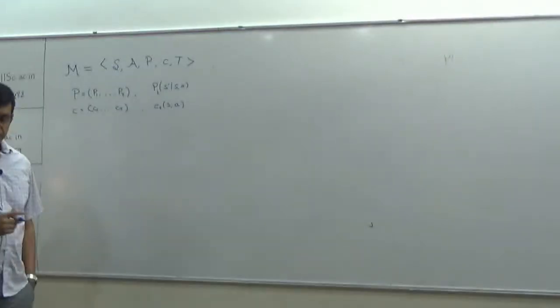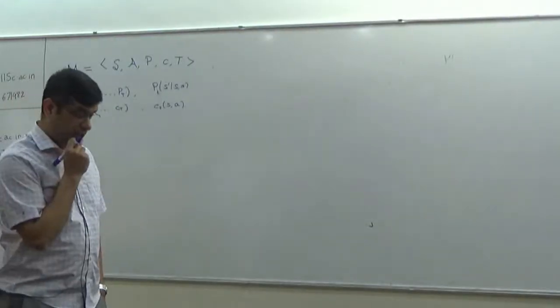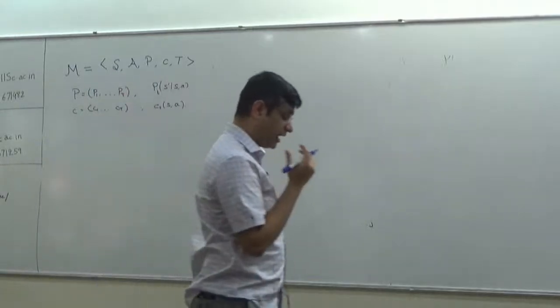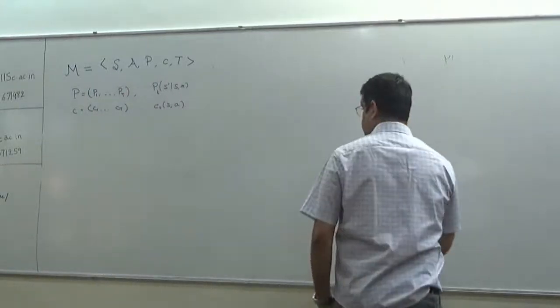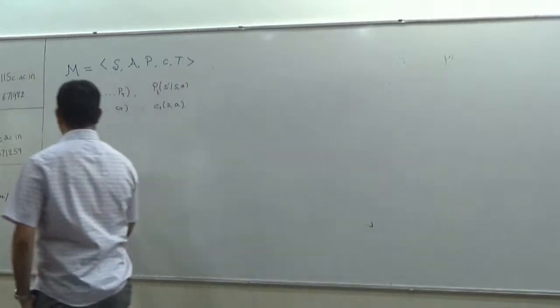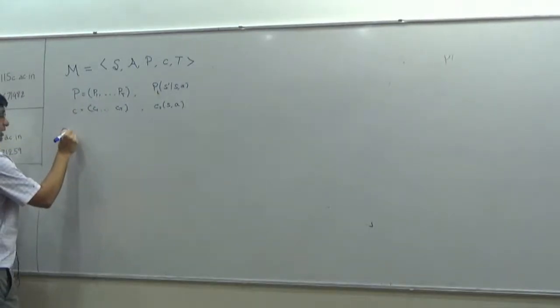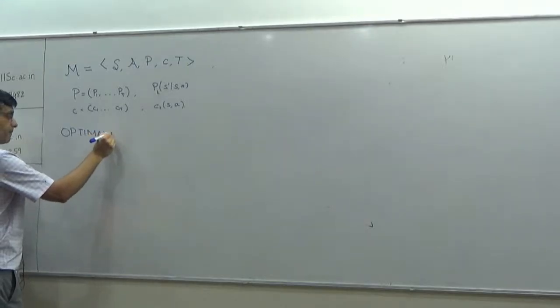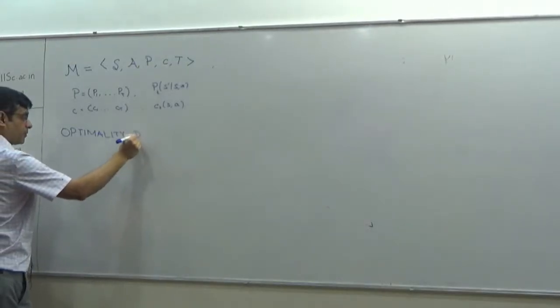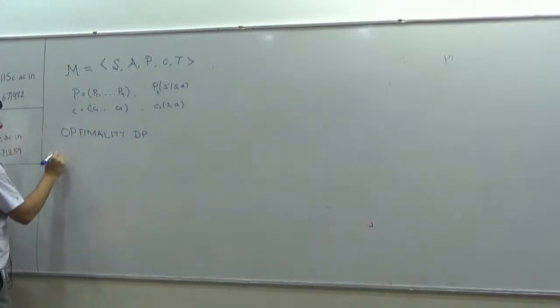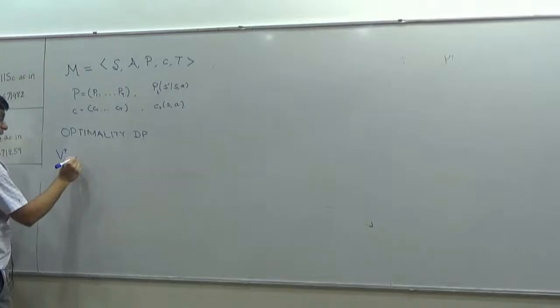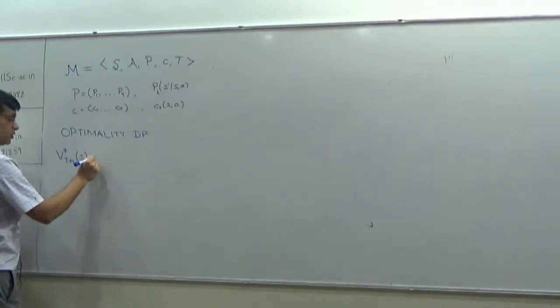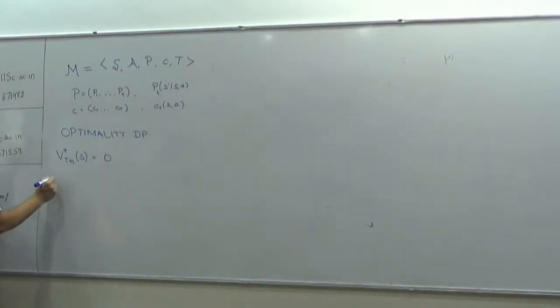Now, in last class we defined 2 dynamic programs. One was an optimality dynamic program, and this worked by starting from V star t plus 1, which was 0.